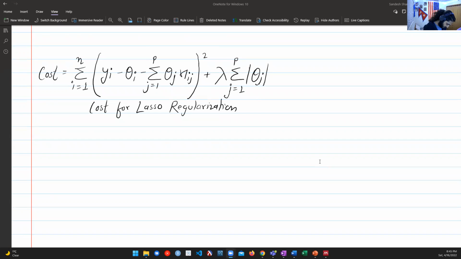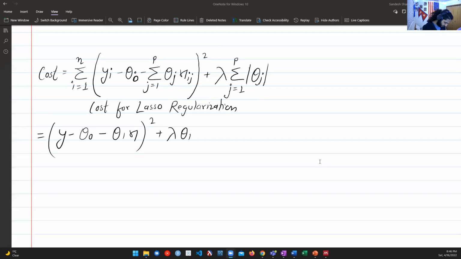Then my function is going to look like (y minus theta naught minus theta 1 x) whole square plus lambda theta 1. Let's suppose my theta 1 is positive, and it will be positive because of the absolute sign.